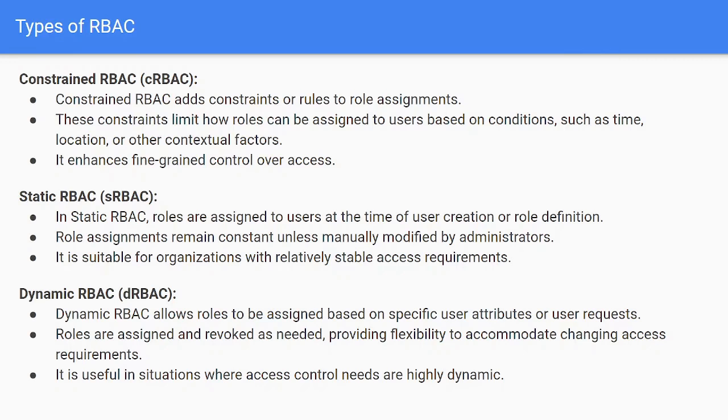So basically for static role-based access control, once the user comes into the organization, once the user account is created, they are assigned a specific role, and that role is usually unchanged unless there is a change in the organization or there is a modification by the administrator, you get. So it's mostly used for organizations that are stable when it comes to access requirements, right?